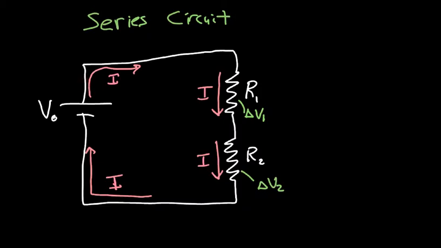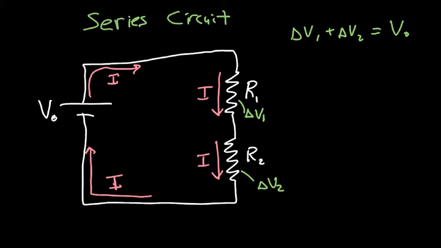I know that I have to end with the same electric potential as I started with, so I can write an expression then that delta V1 plus delta V2 has to equal V0. Or you might write this as V0 minus delta V1 minus delta V2 equals 0. It's the same equation. Our total drops and our total increases have to balance each other out.